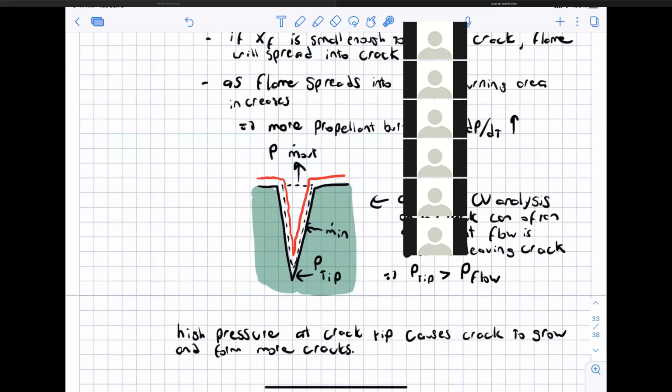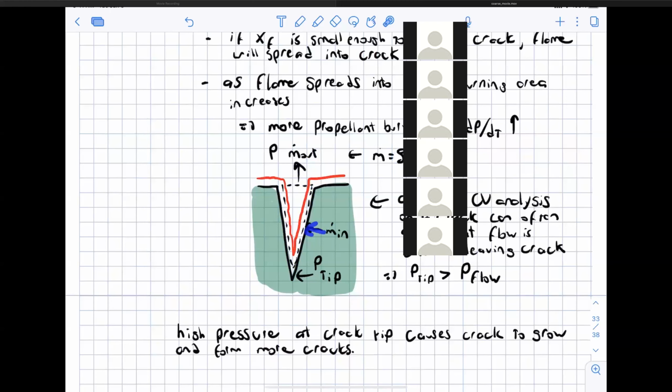And so remember, m dot equals rho A v. If this is fixed at the sound speed of the propellant gases, and this is fixed by geometry, that means our only variable to change is the density of the gases.